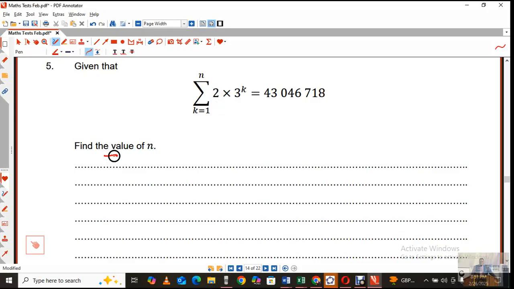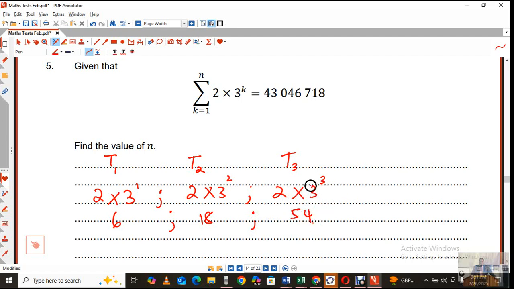Let's see what my first term is. It's going to be 2 times 3, but now k is 1. So it's 6. What is my second term going to be? It's 2 times 3 squared. So that's 9 times 2, 18. Third term, what is it going to be? 2 times 3 cubed. That is 2 times 27, that is 27 times 2.